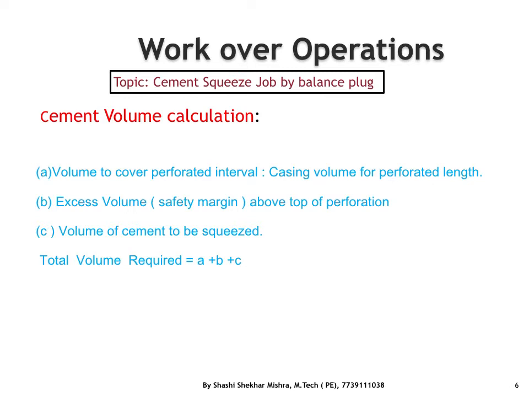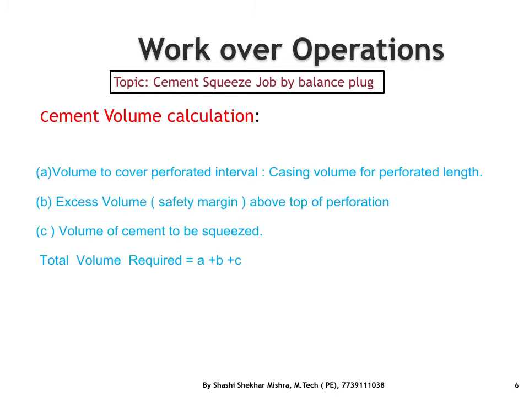Then based on injectivity we plan for the squeeze job. The cement that is squeezed, that volume is also to be calculated based on the injectivity. If we take too much cement, more length of the plug is going to remain in the well, and we have to drill out the cement plug, which will be time consuming.